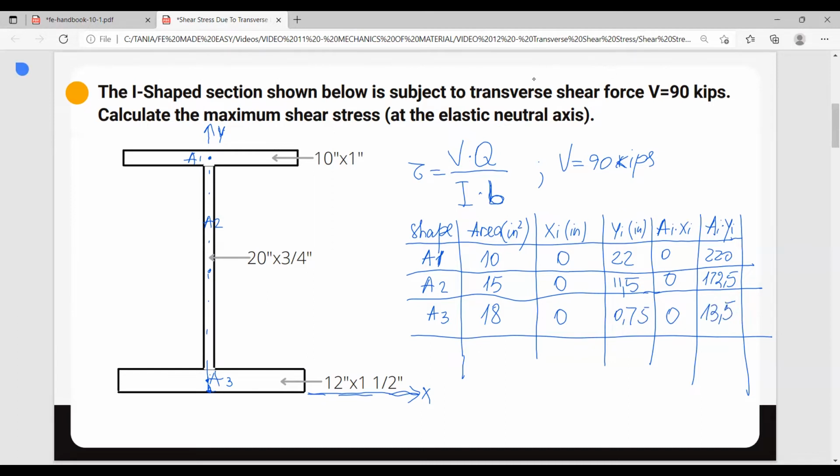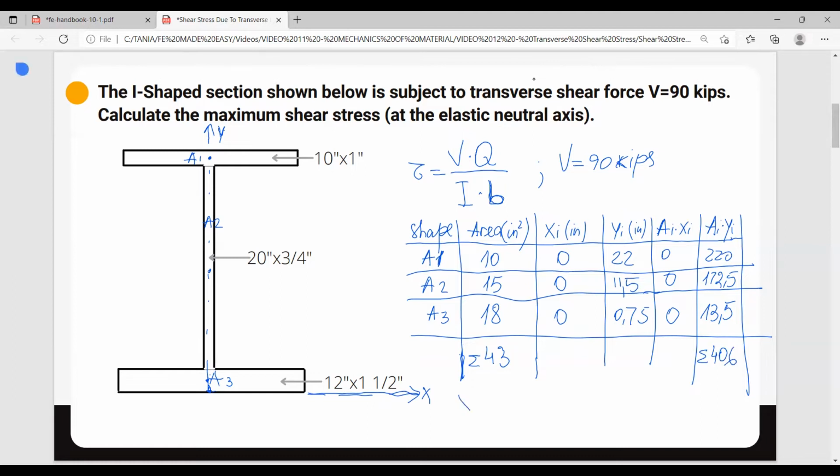Okay, now our formula requires us to know this sum, which is 43, and then this sum here, which is 406.